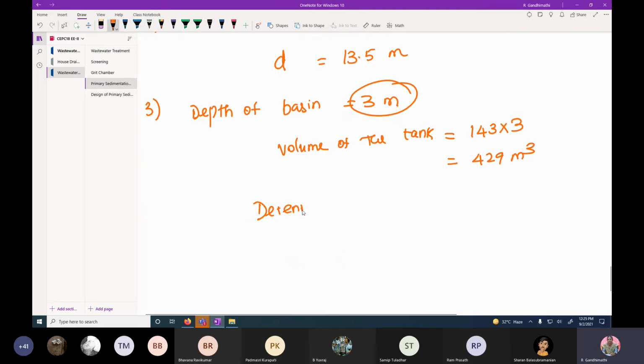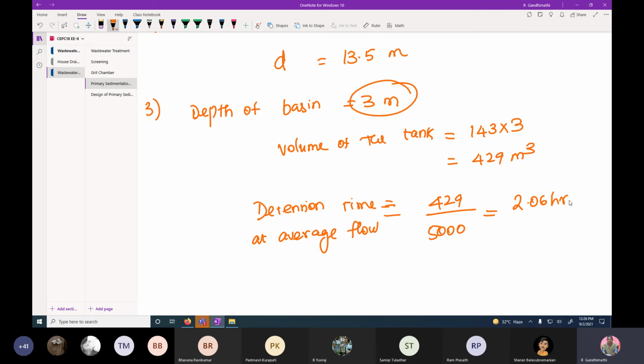Detention time at average flow is 429 divided by the flow rate, 5000. It is equal to 2.06 hours, after you convert into hours.